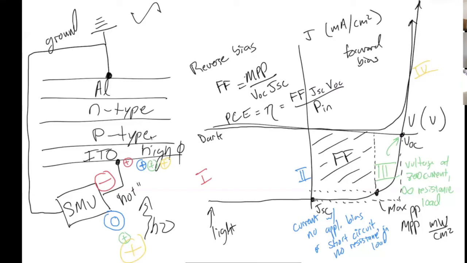Now, the sunlight, so the power in, is the simulated or real solar power flux, and that might be something like 100 milliwatts per square centimeter.